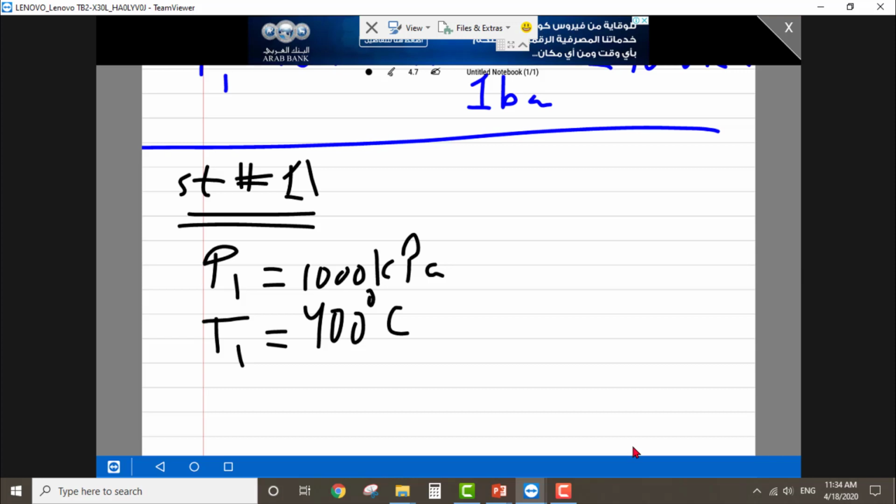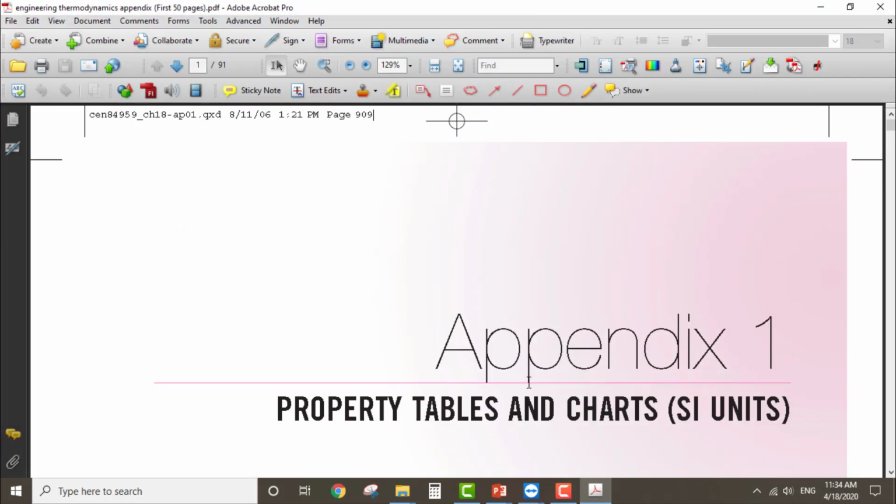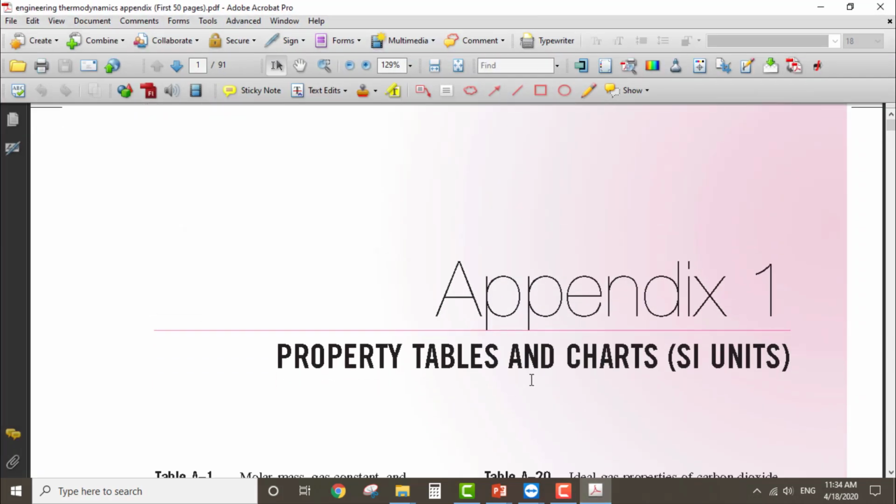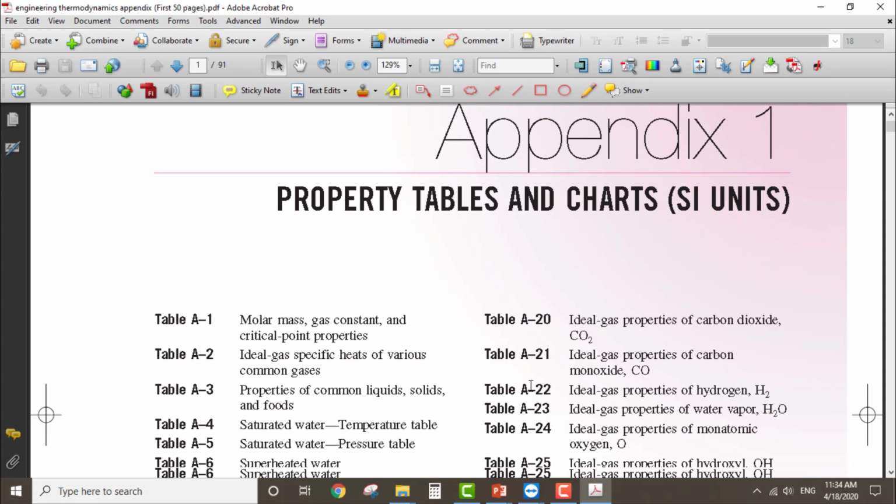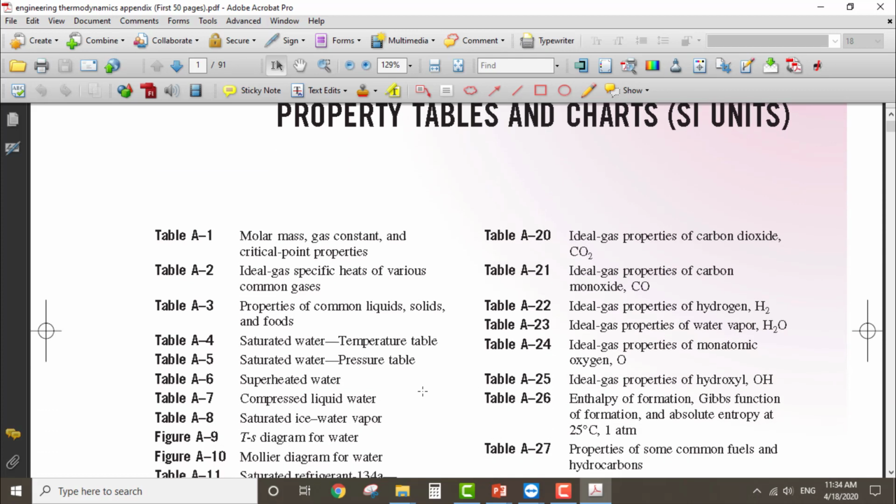What is the first step? The first step is going to the thermodynamic tables. So here are the thermodynamic tables, and I'll go to the water table, saturated water table, and I'll start with the pressure table.